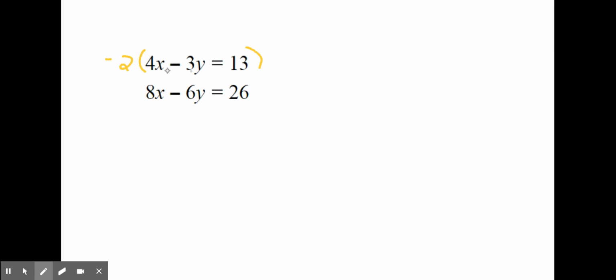What happens when I multiply the top equation by -2? Did you get -8x plus 6y equals -26? Okay, write the second one underneath. And now I want you to do your elimination magic and tell me what happens.